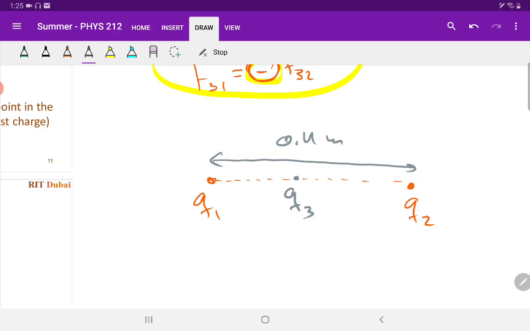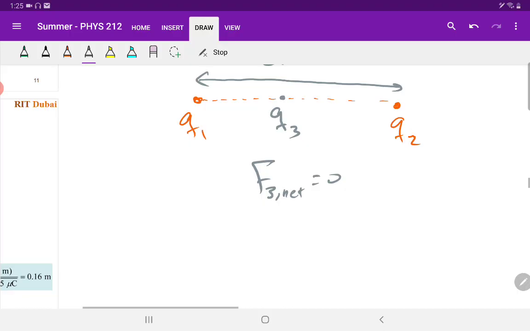Now the question is, where should I place Q3 in such a way that F3 net will equal 0? And we know that in order to satisfy this condition, F13 equals minus F23.